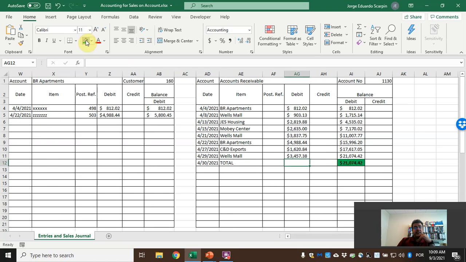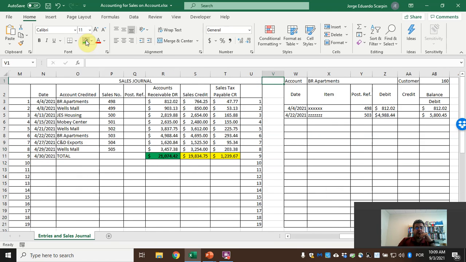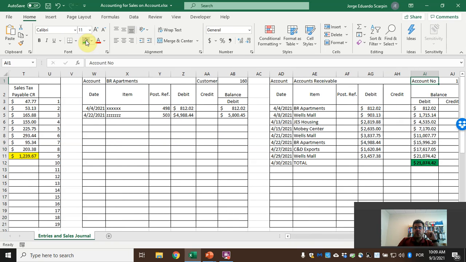And then, guys, if we combine all of these customer ledgers here, we will get our accounts receivable.